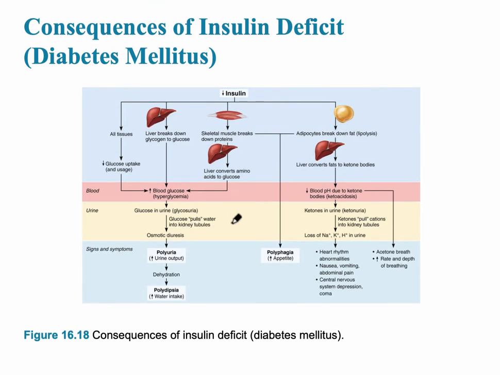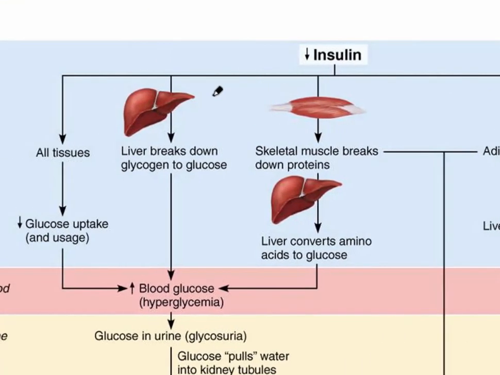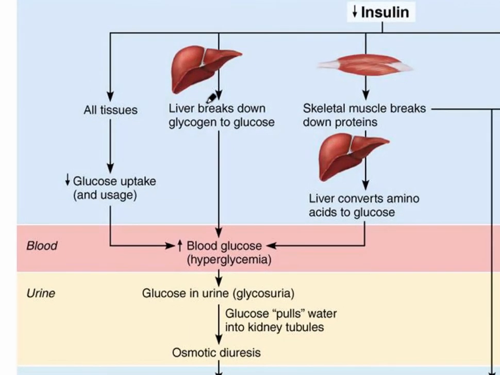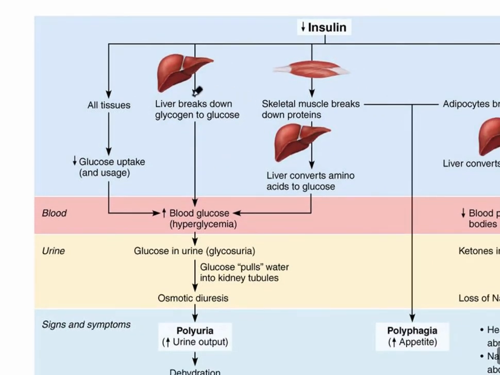So this slide shows us the consequences of insulin deficiency, diabetes mellitus. And so we can see, first of all, we can see the decrease in insulin, and this is going to, in turn, cause the liver to break down glycogen to glucose so that there's more glucose available.